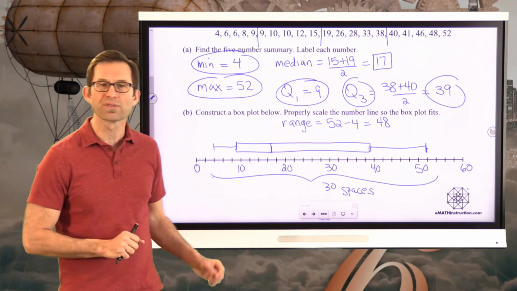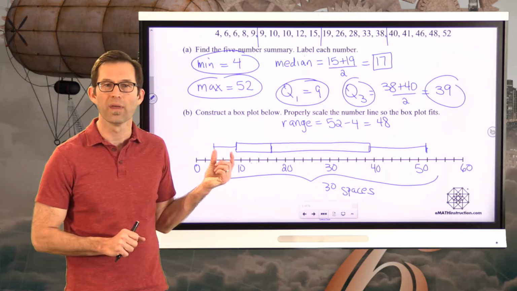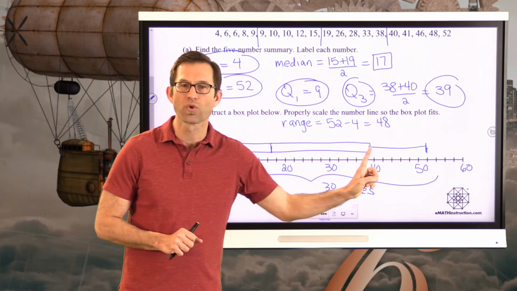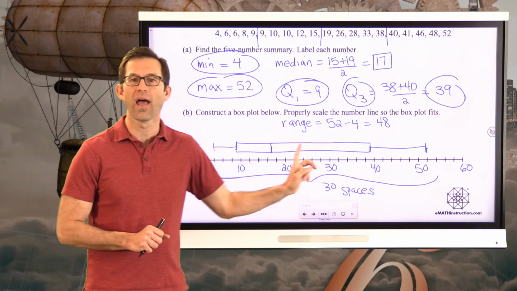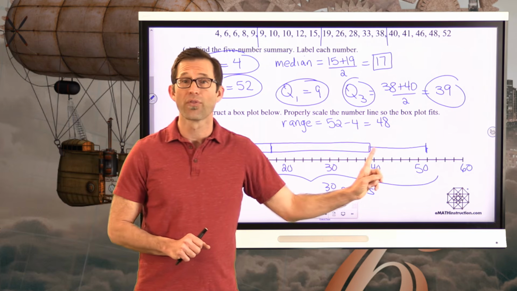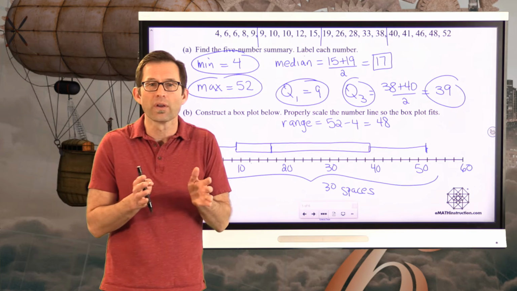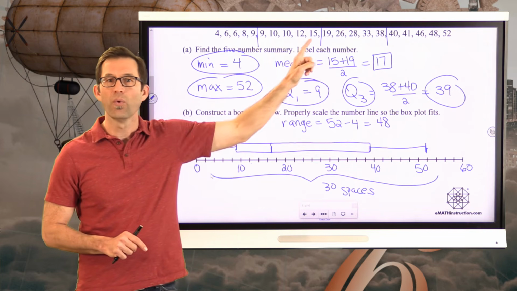By the way, notice how kind of crunched up this lower quarter of the data would be, and then even the next quarter, and then how spread out this quarter is, right? There is a huge spread between the median and the third quartile, and also a pretty big spread between the third quartile and the maximum. This lower half of the data is really crunched in because there's so many younger kids at the pool, right?